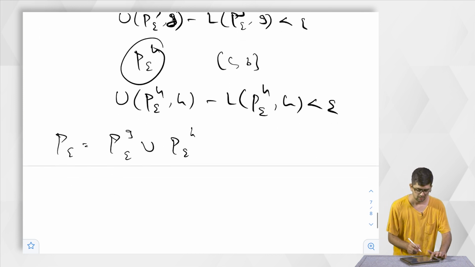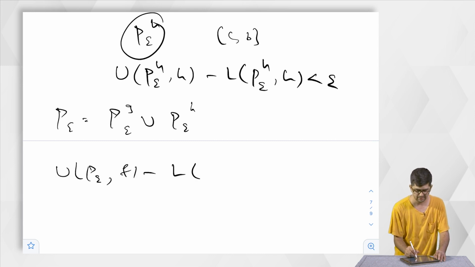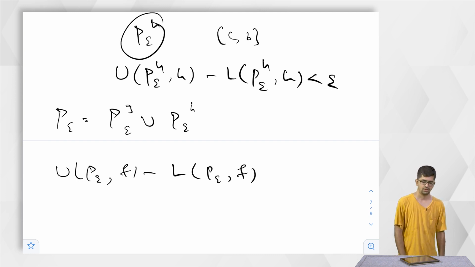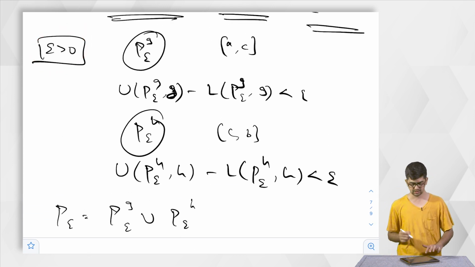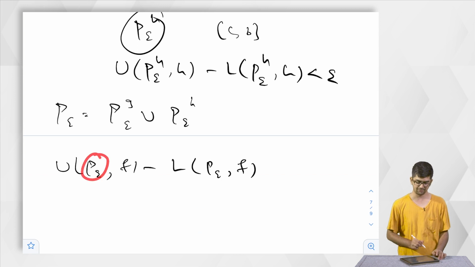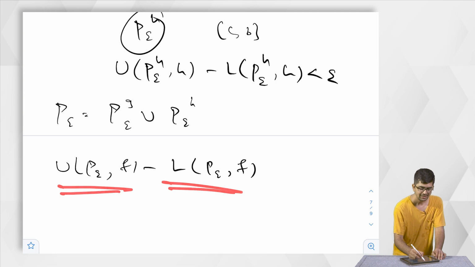Then let us compute U(P epsilon, f) minus L(P epsilon, f). See, what you know is the following: given epsilon positive, there exists some partition, not necessarily this one, such that U minus L is less than epsilon.